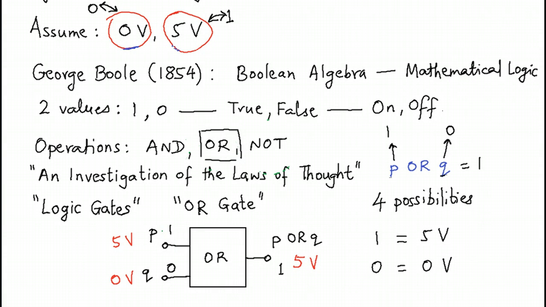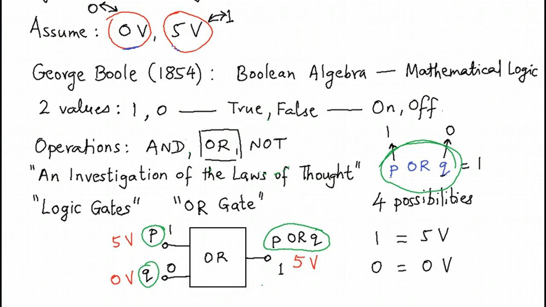Remember, there are other permutations of P and Q possible, but the circuit is made in such a way that whatever be the value of P and whatever be the value of Q, the circuit will consistently give an output which corresponds to P or Q. And this, in short, is how the Boolean operation P or Q is carried out in practice in an electronic digital circuit known as an OR gate.